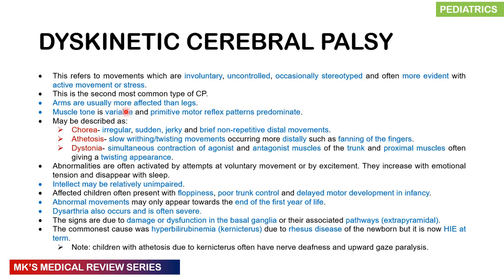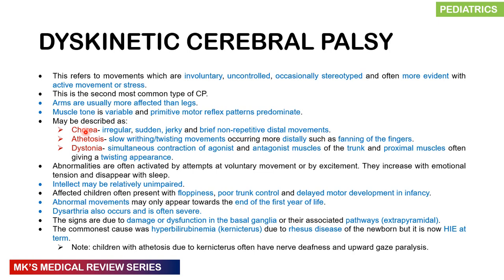Now here there are three important terms that I want you to be able to distinguish. There's what we refer to as chorea, there's what we refer to as athetosis, and there's what we refer to as dystonia. So when you talk about chorea, this is simply irregular, sudden, jerky, brief, non-repetitive distal movements, okay, non-repetitive.